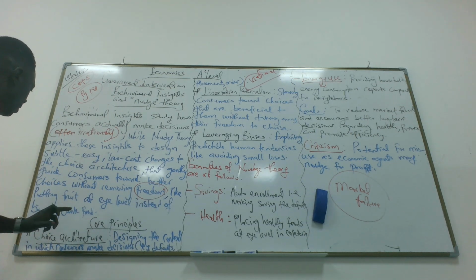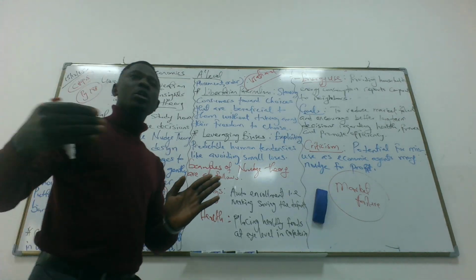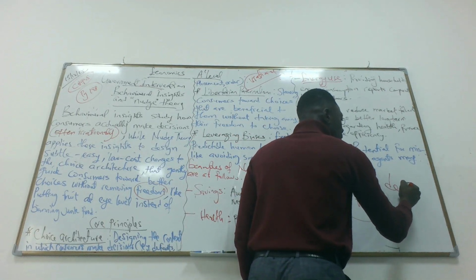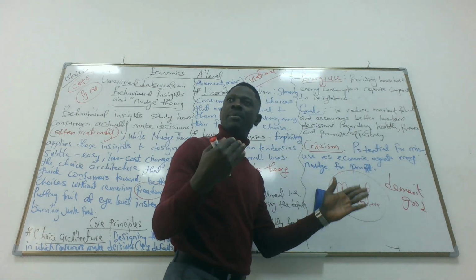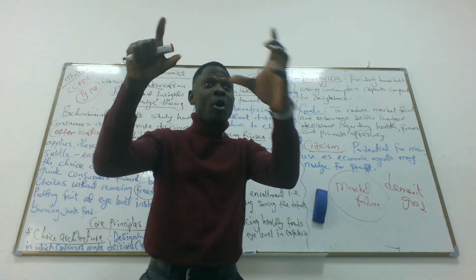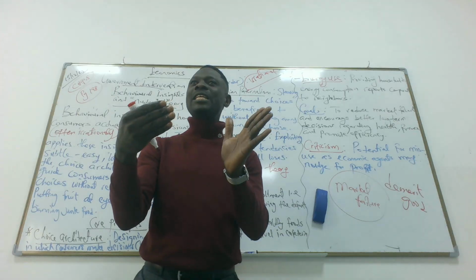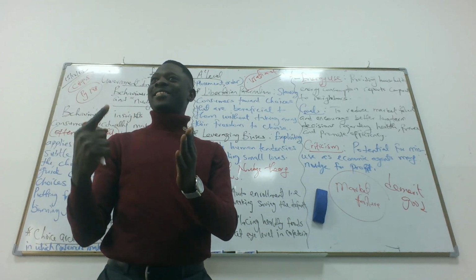For example, putting fruit at eye level instead of banning junk food. Junk food is not ideal. It's a demerit good. Junks are what? Demerit goods. But we can't stop you from taking it. What can we do? We need a design to guide you towards thinking about other choices.